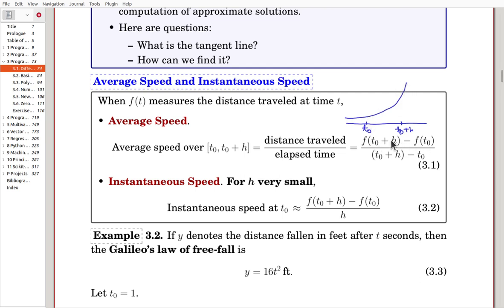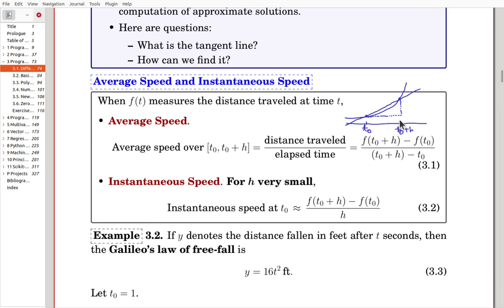Then these values are here, f at t0 plus h and f at t0. Then we get a secant line passing through these 2 points. Let's draw the secant line, and draw the right triangle like that.